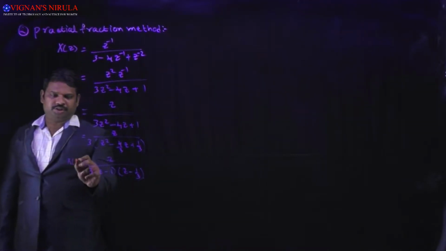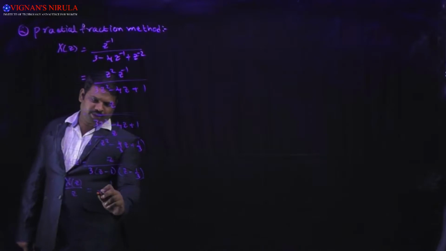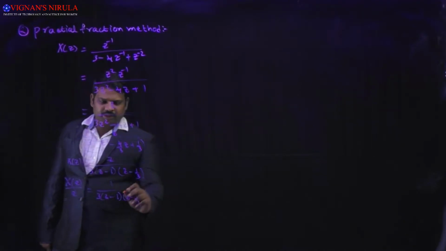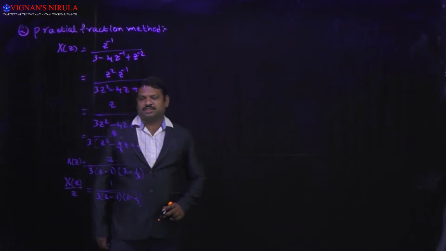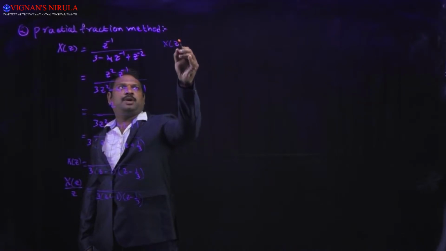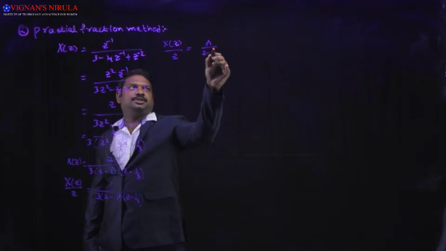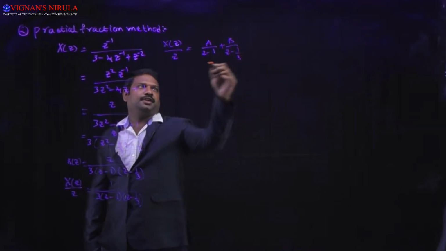That is X(z). Therefore X(z)/z = 1 / (3(z - 1)(z - 1/3)), which is (z - 1)(z - 1/3) in the denominator. X(z)/z will be written as A/(z - 1) + B/(z - 1/3).